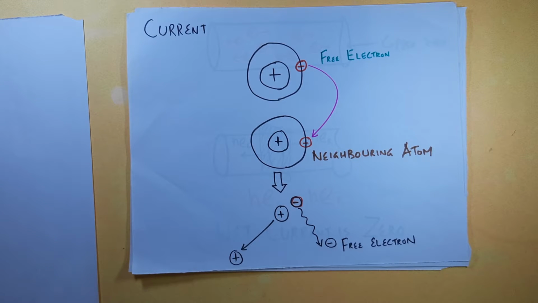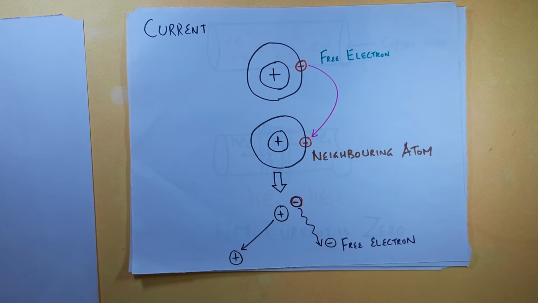The electrons that travel in the last orbit, it is also called the valence orbit. That electron is called a valence electron, which is loosely bound by the nucleus. So you can call this electron a free electron.